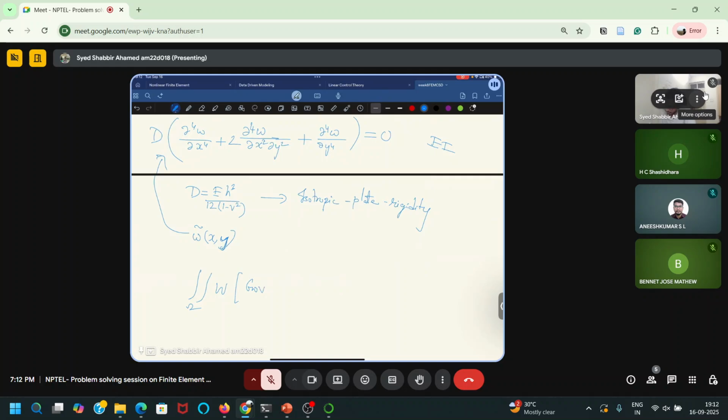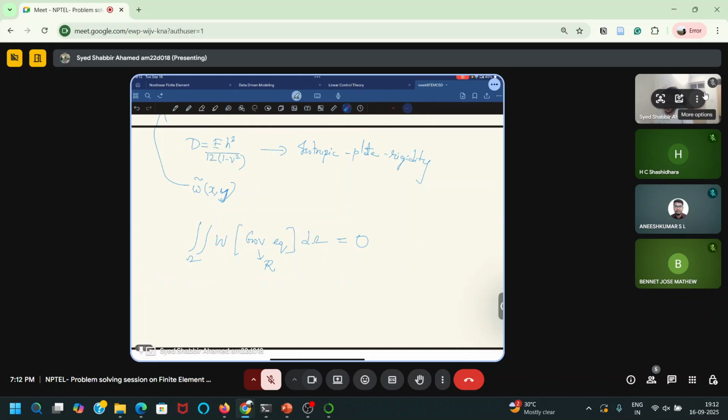W into the governing equation will become zero, or I can also call this the residual, W into residual, because this will not be equal to zero. So there is some residual. If I substitute this, I'll get some residual.